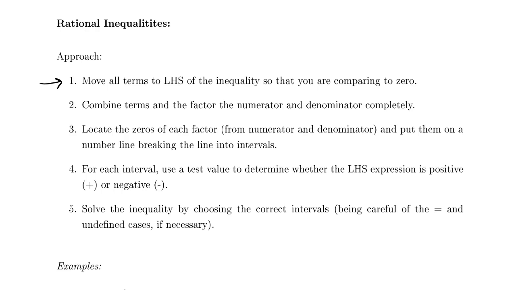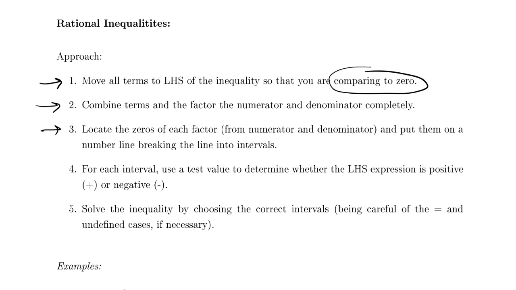So again, we're going to move all the terms to the left-hand side of the inequality so that we're comparing to 0. Still the same idea. We're going to combine the terms and factor the numerator and denominator completely. Just like we were factoring the polynomial before, but now we have a numerator and denominator.